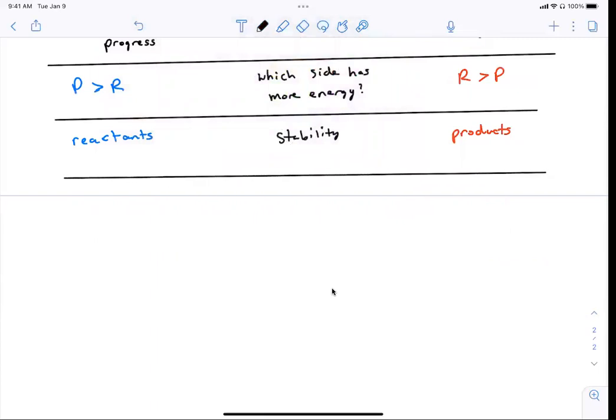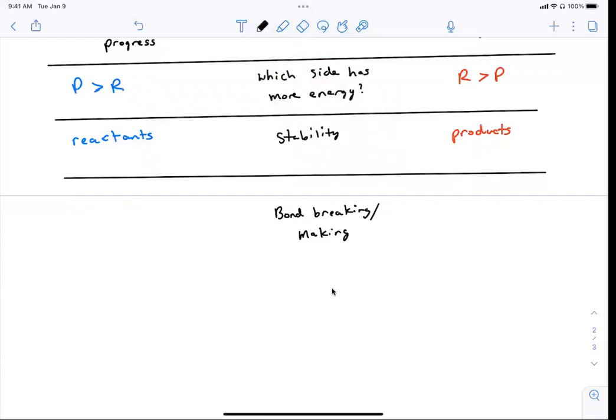All right. The next section is the relationship of exothermic and endothermic to bond breaking or bond making. Because the process of a chemical reaction requires you to break bonds and form bonds.